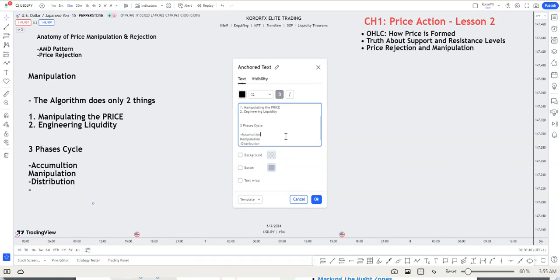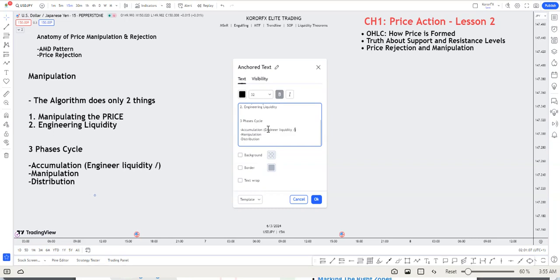Accumulation means they are baiting or engineering liquidity. They engineer liquidity, and then, the second one, after they engineer liquidity, they manipulate the liquidity, and then the price distributes and moves in its direction. So accumulation means engineering liquidity.